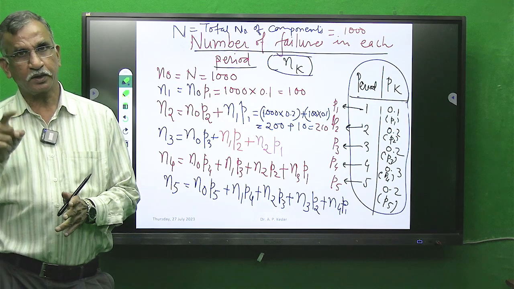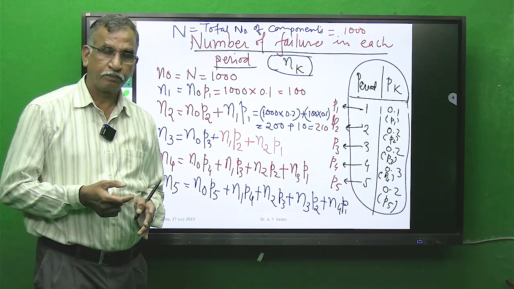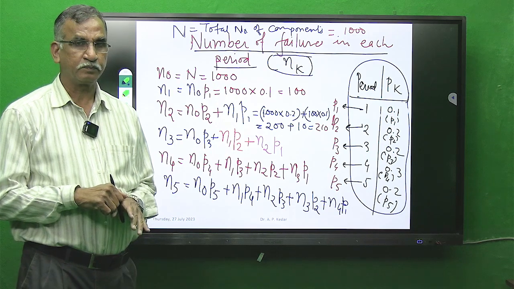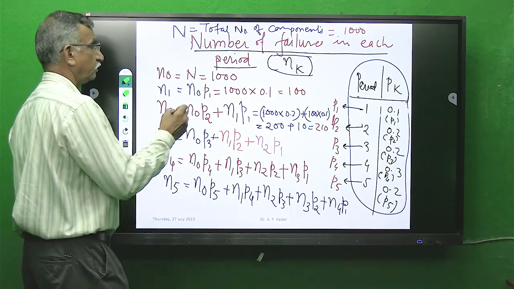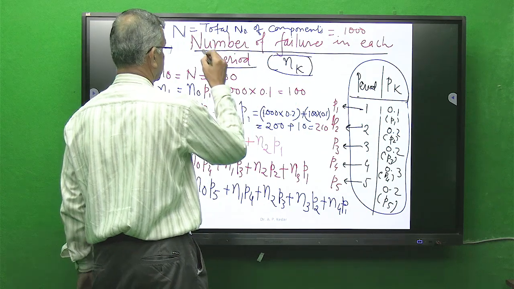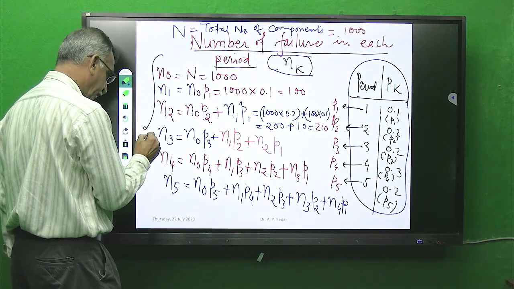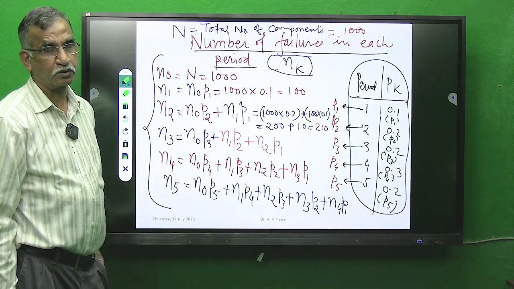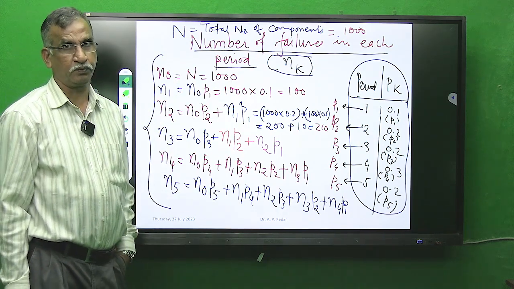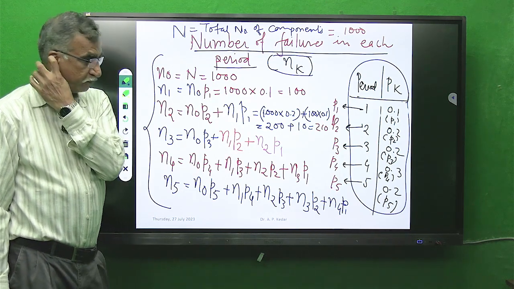Now we are ready with one more decision making parameter for analysis, that is the total number of failures. So this is the exhaustive treatment for finding the total number of failures of a replacement problem.